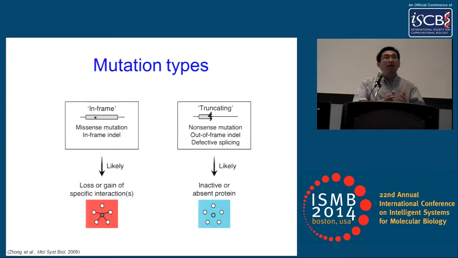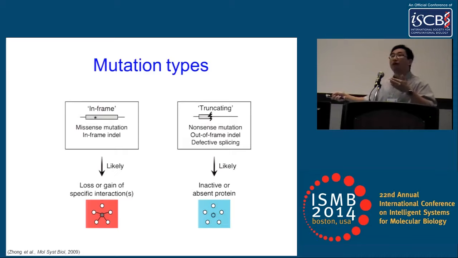But before I talk to you about how our 3D network can help us understand disease mutations, I just want to very briefly reiterate some very simple concepts. Mutations can be broadly divided into two categories. We have the in-frame mutations, missense mutations and short in-frame insertions and deletions, most of which we believe will lead to local defects on the protein and therefore cause loss or gain of specific interactions.